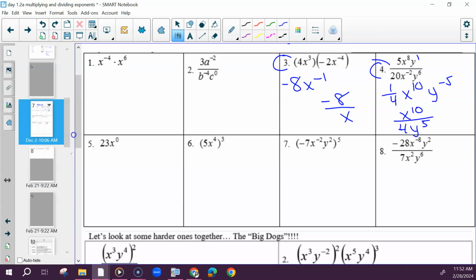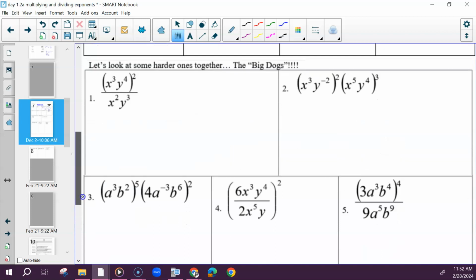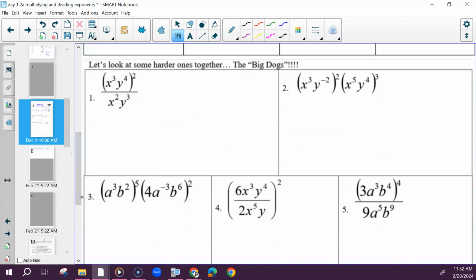Look at numbers, whatever is down here. 1 through 5. Any others?